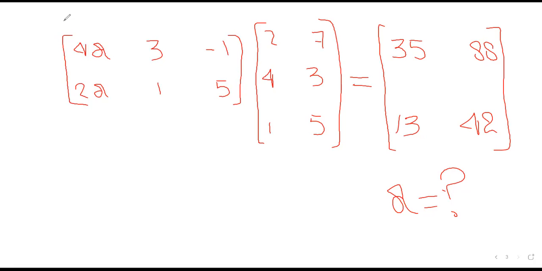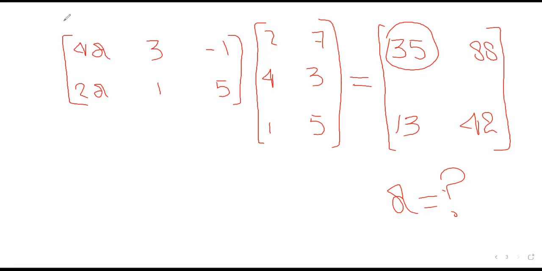So use the value in the upper left of the matrix on the right of the equation to determine what value of A would result in 35. So we will have to equate only the one thing, 35.